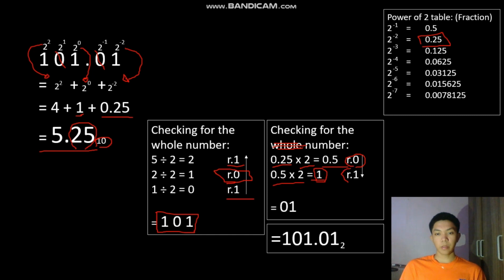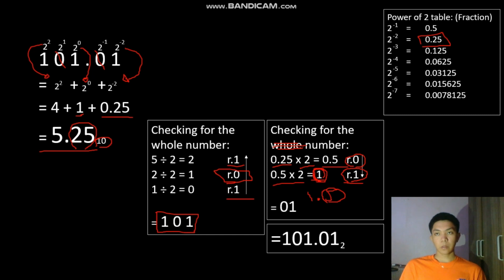So we have this remainder 1. If this value has a decimal point, for example, it will be 1.5, we will continue to multiply it, but we only get this 0.5, and the remainder will go here.